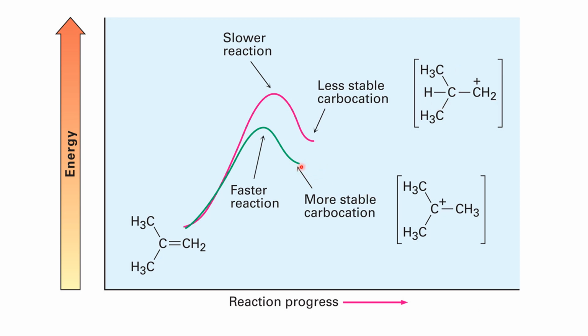So here, the stability of the carbocation may affect the position of a transition state, and we can assume the tertiary carbocation forming pathway may have a lower energy transition state compared to the primary carbocation.